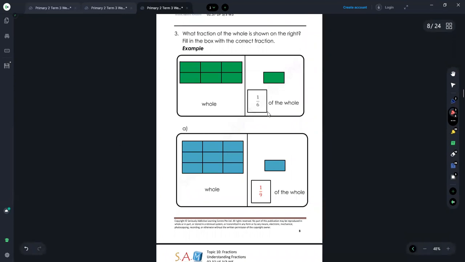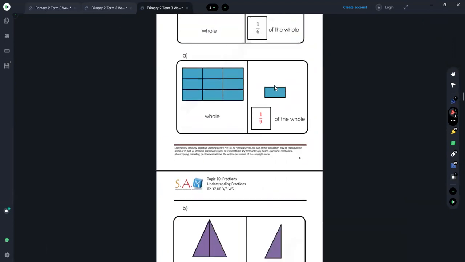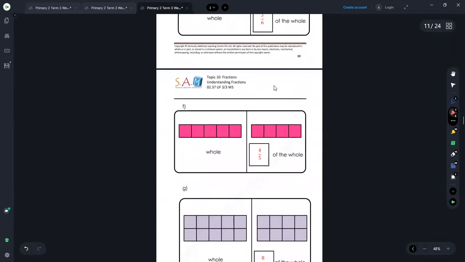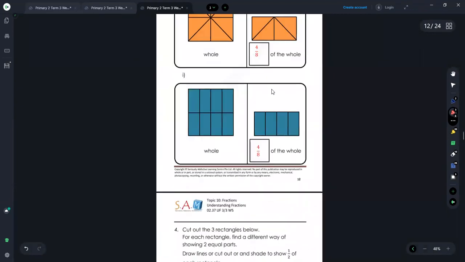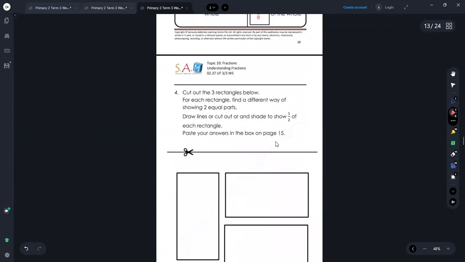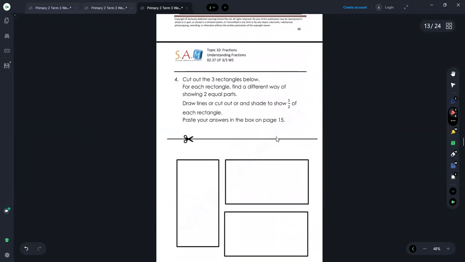What is this? 1/6 of a whole. So perhaps do question page 8 with them. It's quite straightforward. And if you have the time, do one more on page 12, question I. Get them to do one question like this as well.